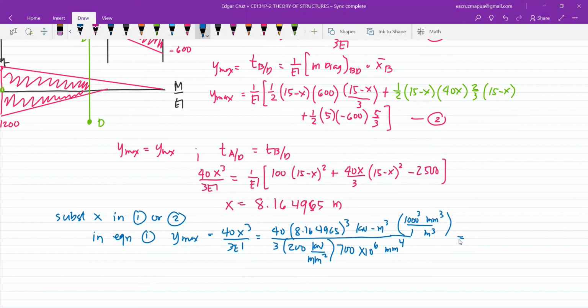Let's check the units: the kilonewton cancels, mm cubed is in the numerator and mm squared in the denominator, so the unit of the answer is millimeter. So times 40 times 1,000 cubed divided by 3 divided by 200 divided by 700 million.